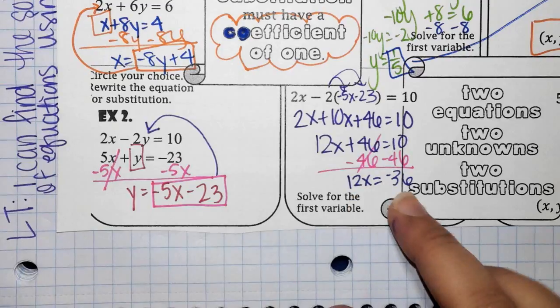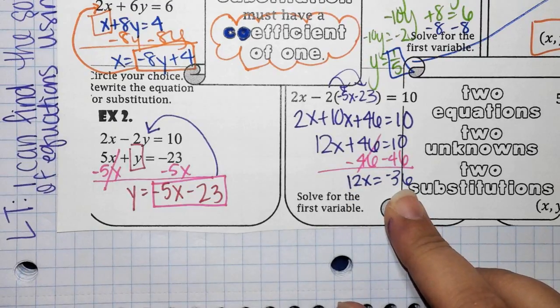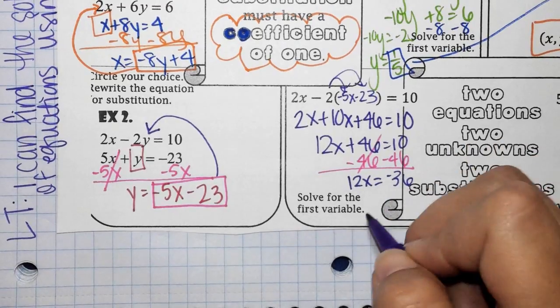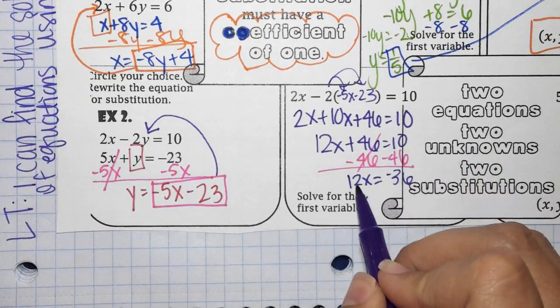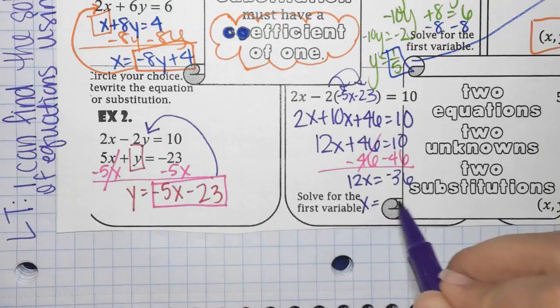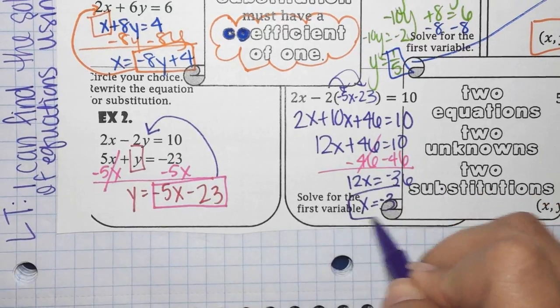We're waiting on you to tell us what to do from this point. Divide by what? All right, what is negative 36 divided by 12, Natalie? Look at us go.